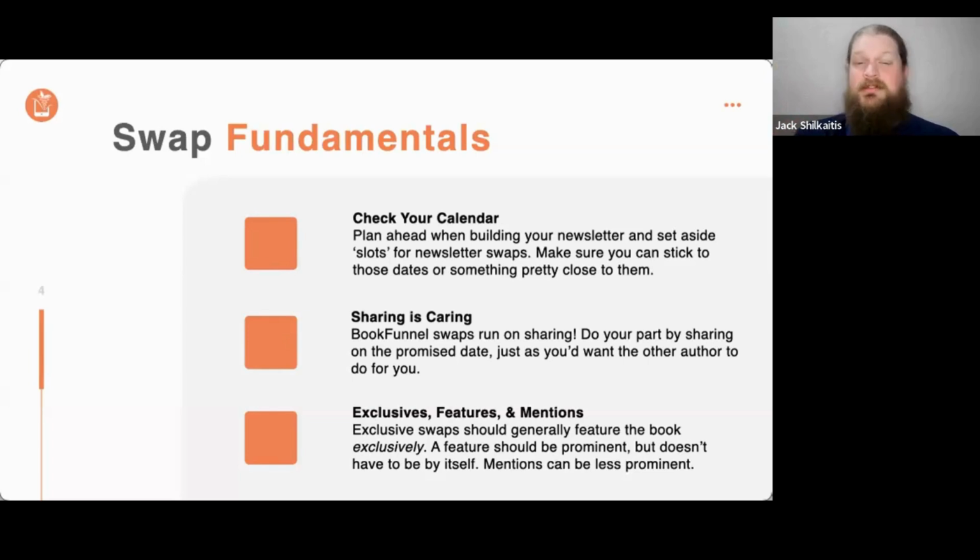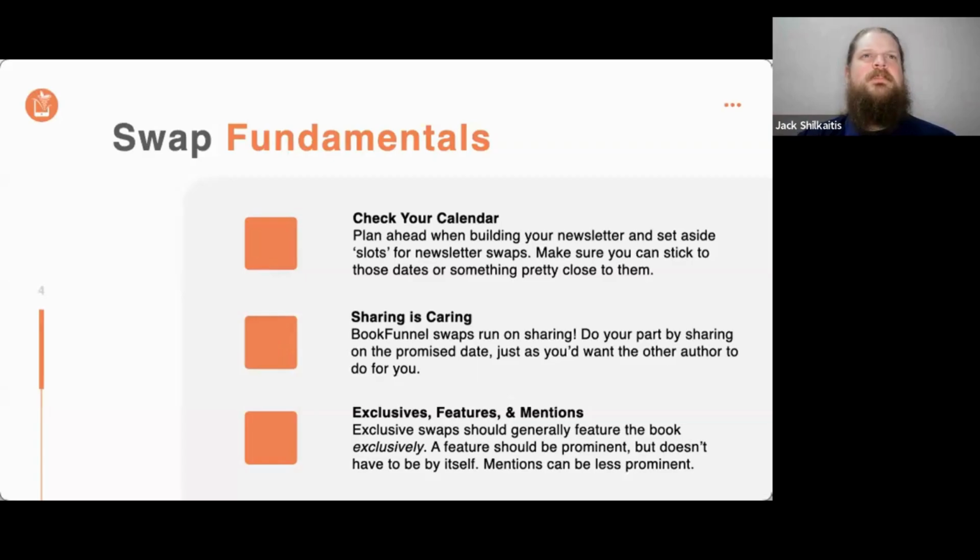And in some cases, that means it's lower down on the list. Maybe in your newsletter, it's a little farther on down, or maybe the image you use is not as large. It's up to interpretation a little bit. But mentions are generally understood to be less prominent, but easier to share. And in some ways, easier to share multiples.